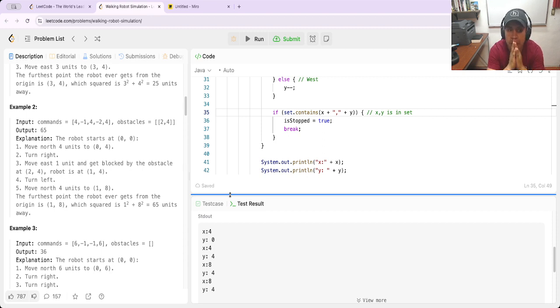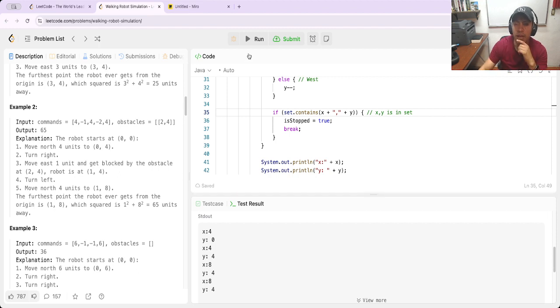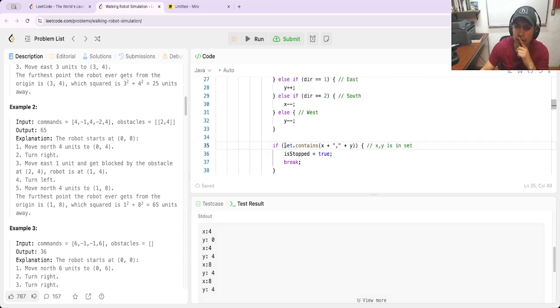No, because we can return to the same points, and maybe we can use the direction for this validation.